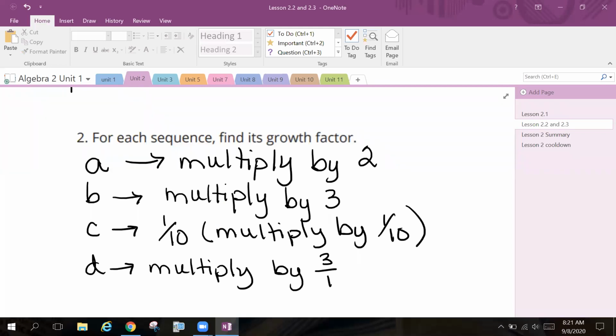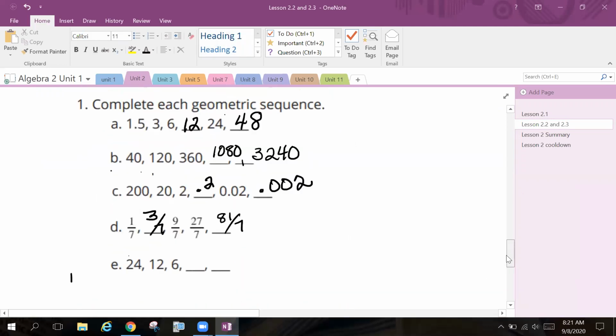That's the same thing as 3 over 1, okay? The 1 is just holding a place value, but a whole number has an understood what for its denominator? A 1, right? If you see a whole number and they say write that as a fraction, you always put it over 1. Okay, do y'all remember talking about that in algebra? A whole number always can be a fraction. It's just a whole number over 1.